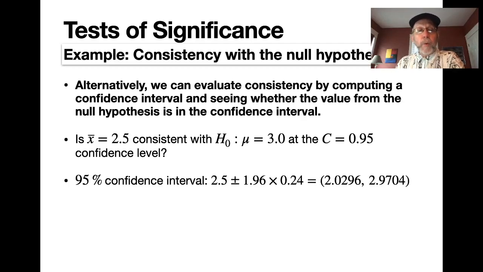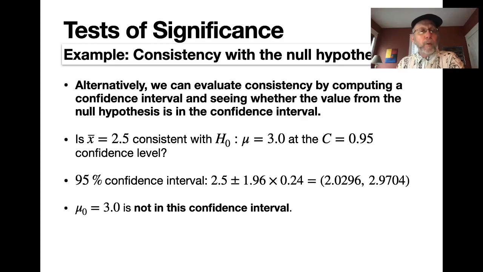2.0296 to 2.9704. We interpret those values as the plausible values for mu at 95% confidence given our observed sample mean of 2.5. So the plausible values of mu given our x bar equal 2.5 extend from 2.0296 to 2.9704, and notice that the value from the null hypothesis, mu equal 3, is not in that confidence interval.